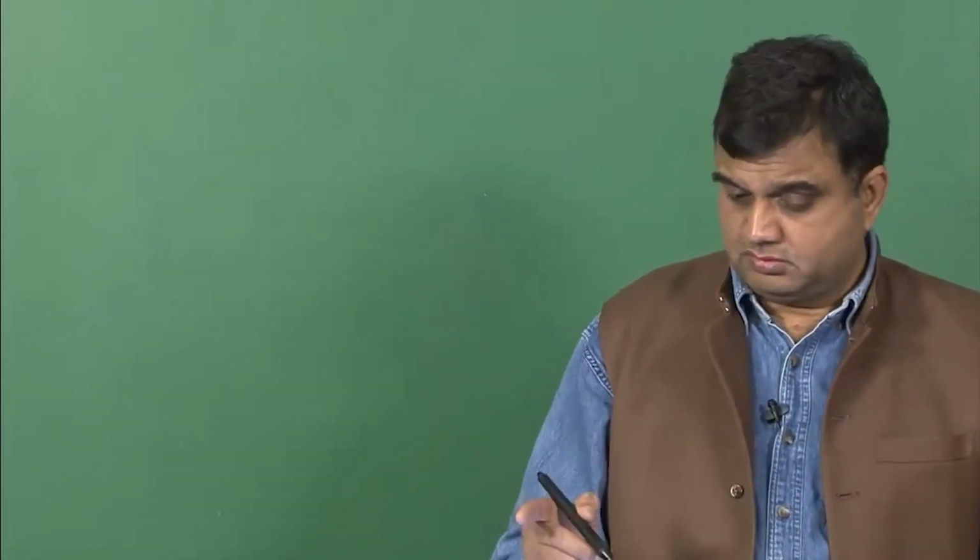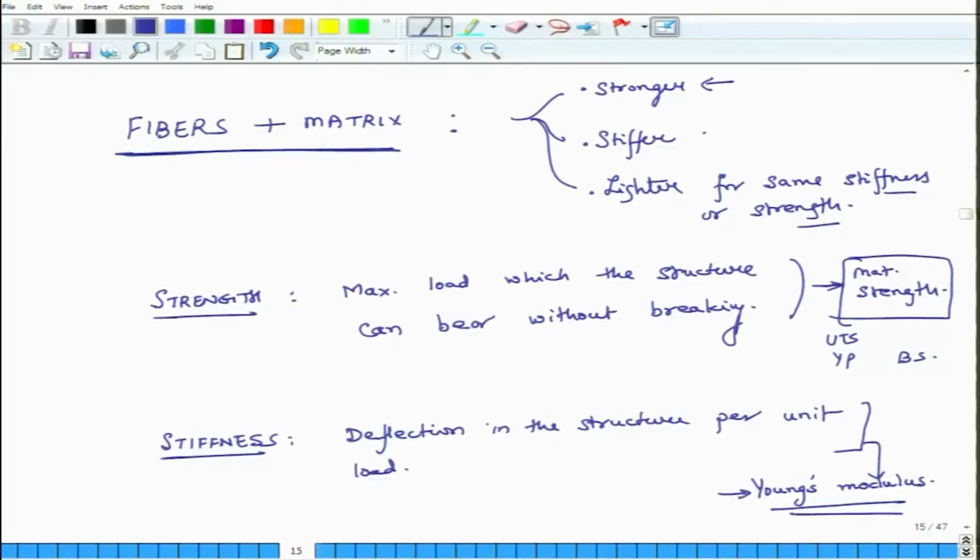So, when we use composites, a lot of times fibrous composites, we are trying either to make things stronger, or make things stiffer, or make things lighter for the same stiffness or strength. These are the 3 things. If I am trying to make things stronger, then my focus will be to ensure that the material strength of the composite is high.